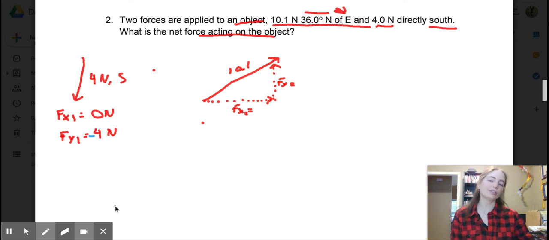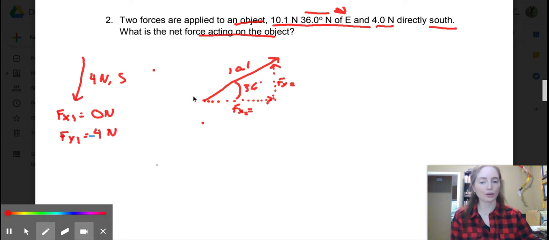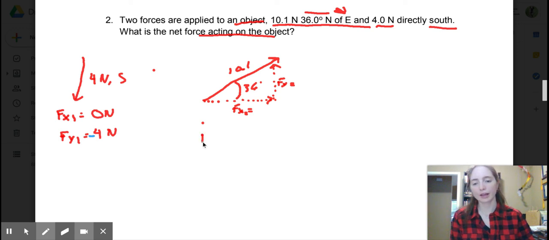So now I'm going to need to use my trig. So I'm going to need my theta, which is 36 degrees north of east. Okay, so north of that east line. So I'm going to start with x because I can. Now I'm going to look at this and I want to use cosine. Why do I want to use cosine? Adjacent over hypotenuse.